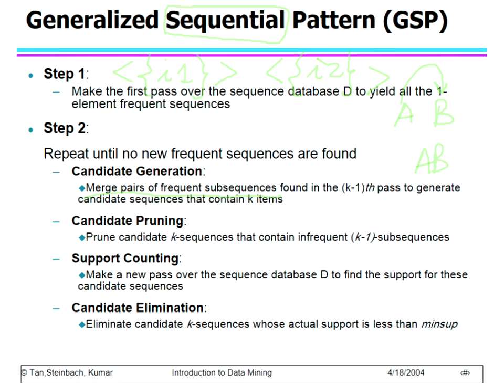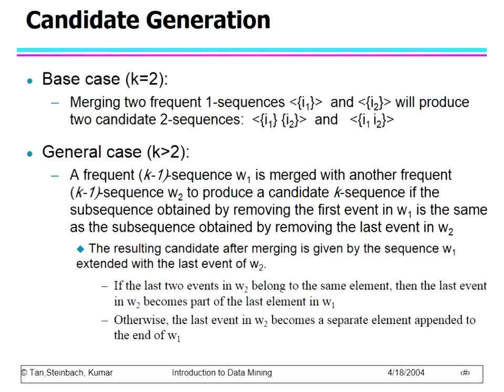So additional constraints are imposed by the structure of the graph. For example, frequent subgraphs must be connected.